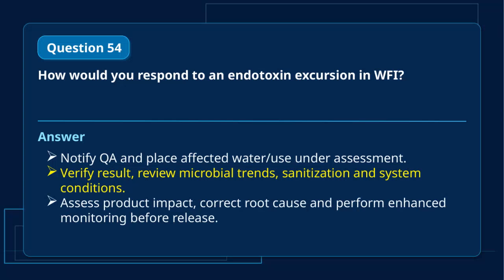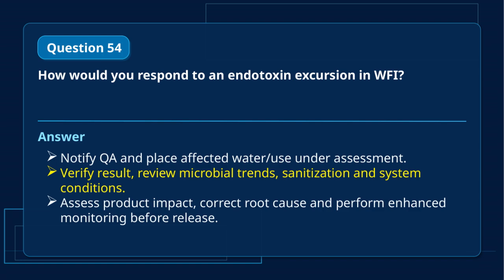When responding to an endotoxin excursion in water for injection, the first step is to immediately notify quality assurance and put the affected water or its use under assessment. It's crucial to verify the test result to confirm the excursion. Next, review the microbial trends to identify any patterns or anomalies, along with assessing the sanitization procedures and the overall system conditions.